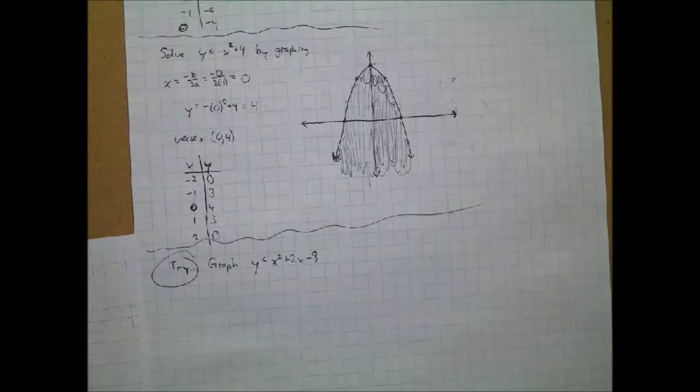You can see the square button. And then plus 2x minus 8. And then you graph. Oh, man. I messed up here.